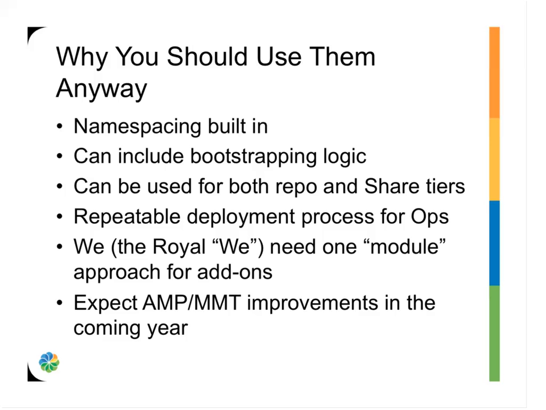The fact that MMT and AMP have a concept of versioning of modules, and you can upgrade modules already existing in your repository, gives you a very flexible way of managing the life cycle of your customization.